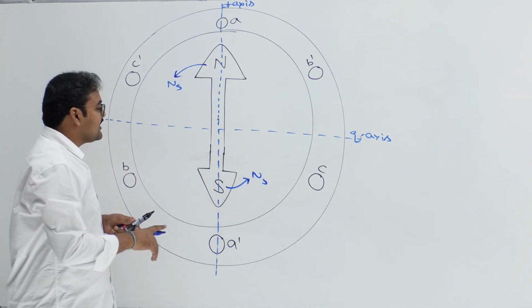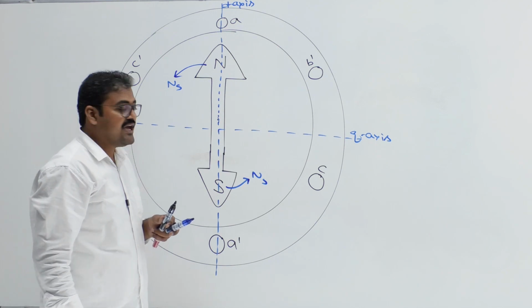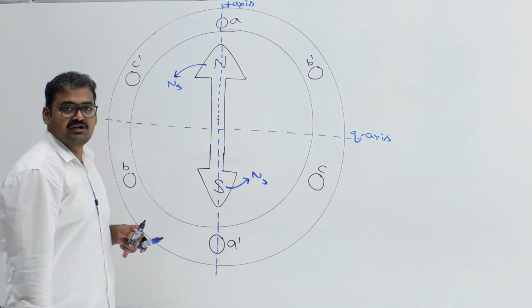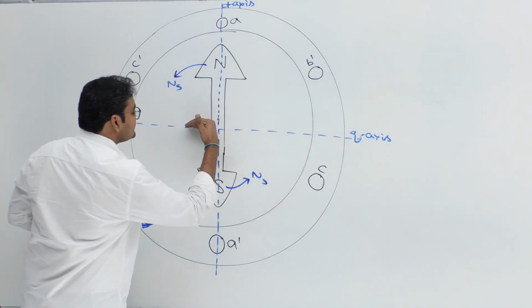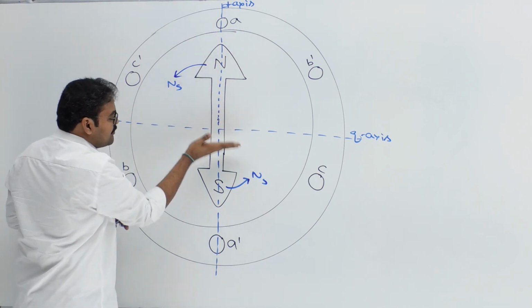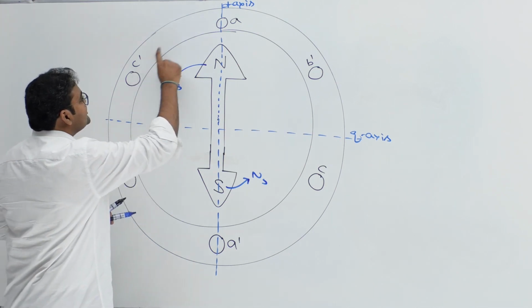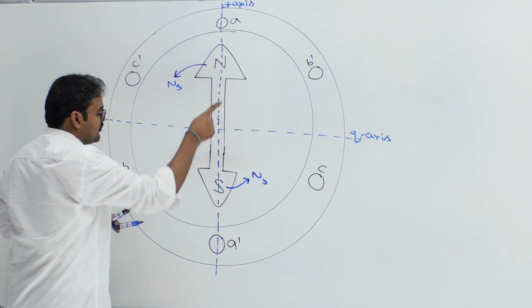Whenever the conductor is along the polar axis, maximum EMF will be induced. Whenever the conductor is along the interpolar axis, zero EMF will be induced. Now, if this is the interpolar axis, can I say above the interpolar axis which pole is in effect right now? North pole. Below the interpolar axis, south pole. Therefore, these three conductors are right now under the influence of north pole.